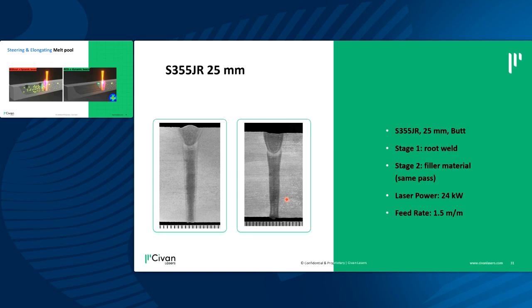What we do is use this spiral beam shape, which steers the beam and forces the hydrogen to rise up to the surface and evaporate. In addition, this spiral beam shape gives us a much more elongated melt pool that gives more time for the porosity to rise up to the surface and evaporate.